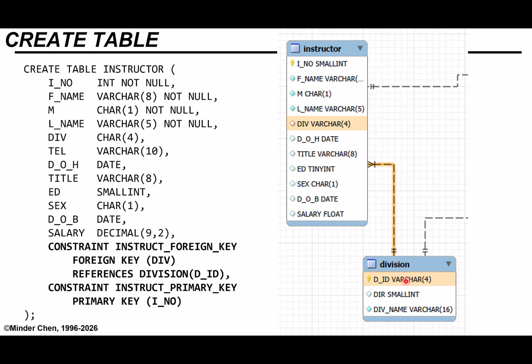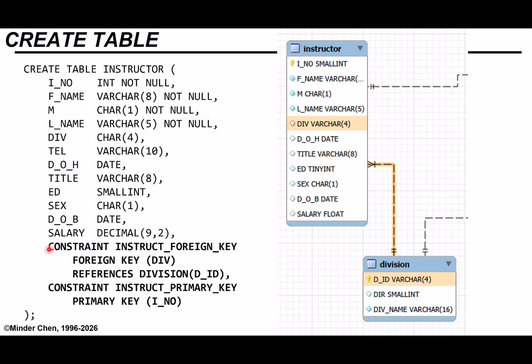For instance, it says, hey, the D_ID is the primary key of the division table, which is the parent table, as we discussed earlier, and the child table has div as a foreign key that references back to the division table where it serves as a primary key. So in this case, div just means which division the instructor works for.